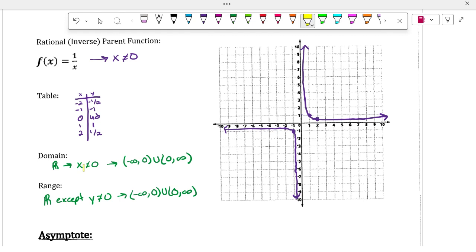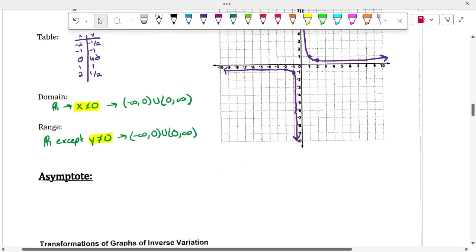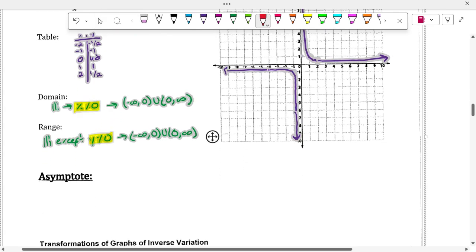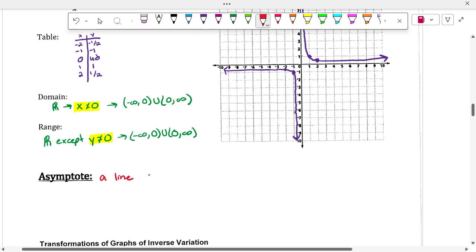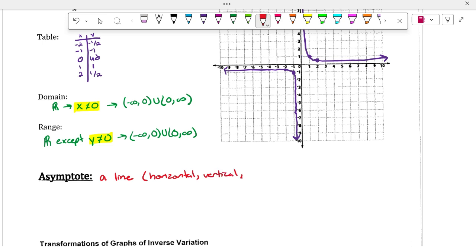Now, these right here have a very special name. They're called asymptotes. So an asymptote is a line, whether that be horizontal, vertical, or a slant, which we don't deal with slant in this class, but just so you know, it can be, that your graph will never cross.